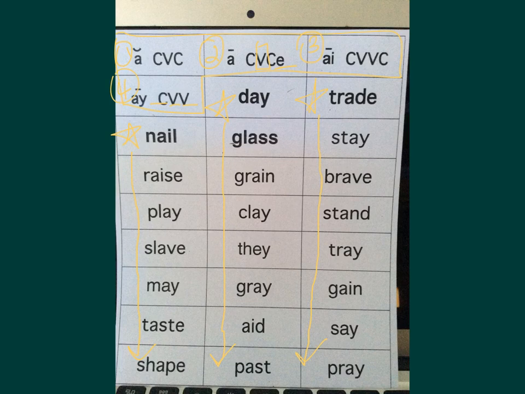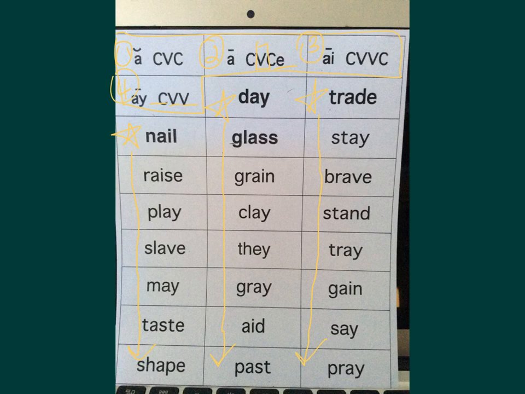Now looking at all of our words, you'll notice that you have an A in all of the words. And in the past, you've also looked for any oddballs, so any words that stuck out that weren't going to follow the pattern. So let's start with our first header, the short A sound. So we're looking for words that say ah.